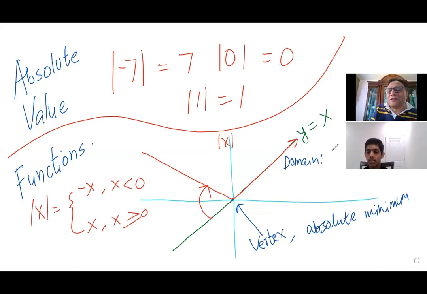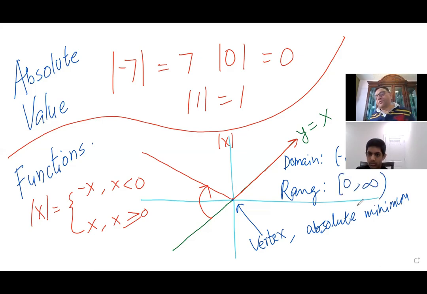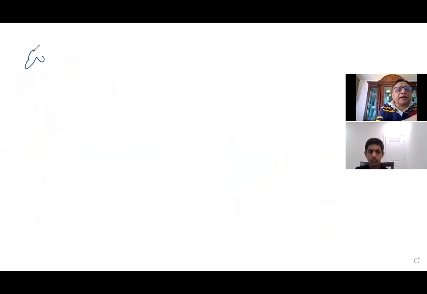So the domain is from minus infinity to plus infinity. However, the range is from 0 upward, including 0. Of course, infinity cannot be included, so we use open brackets. Is this clear to you? Yeah. Now, since you have understood the absolute function, let's look into its different forms. I'll clear the screen and then again, let's explore the absolute function.